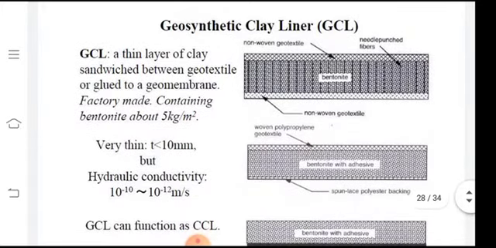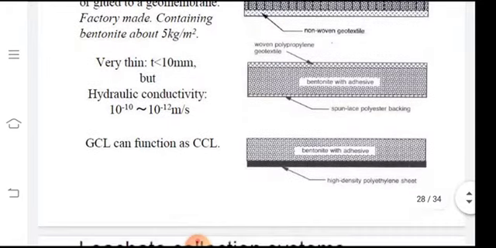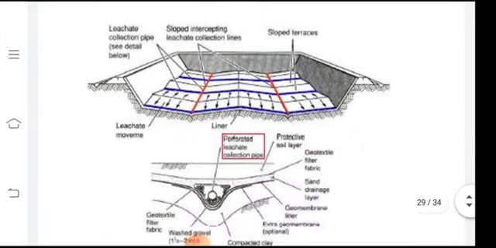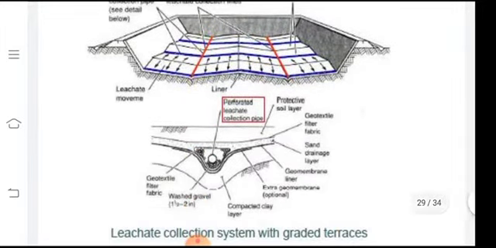So this is the geosynthetic clay liner, a thin layer of clay sandwiched between geotextiles or glued to a geomembrane. You can just have a look at it here. And in the leachate collection system, you can observe the perforated leachate collection pipes, which will collect the leachate from the top.